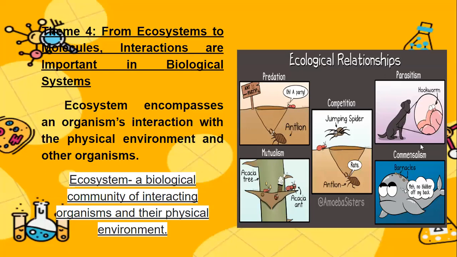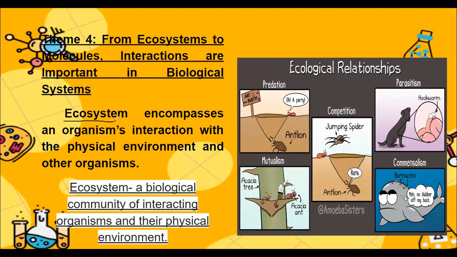All right, so let us move with theme 4. So in theme 4, we have the from ecosystem to molecules. Interactions are important in biological systems. So we have the ecosystem. Ecosystem encompasses an organism's interaction with the physical environment and other organisms.